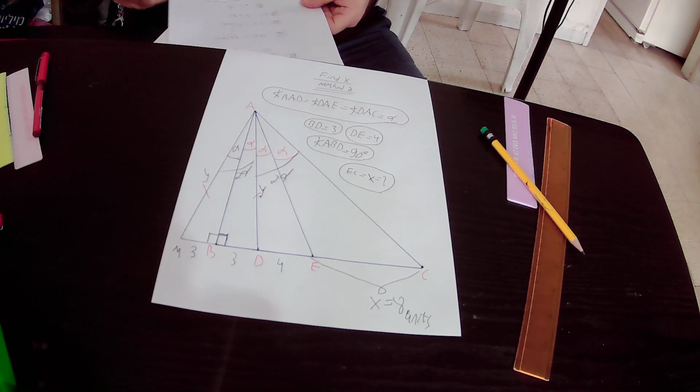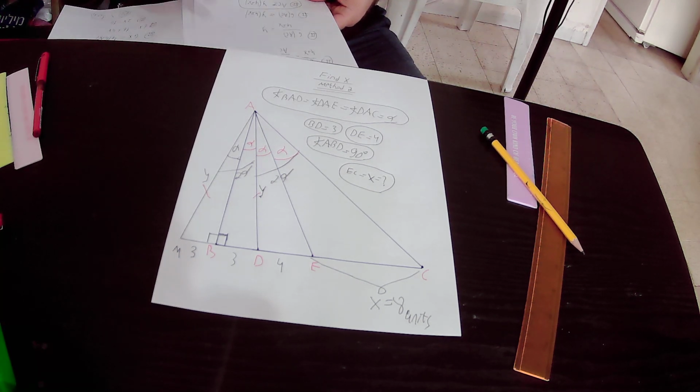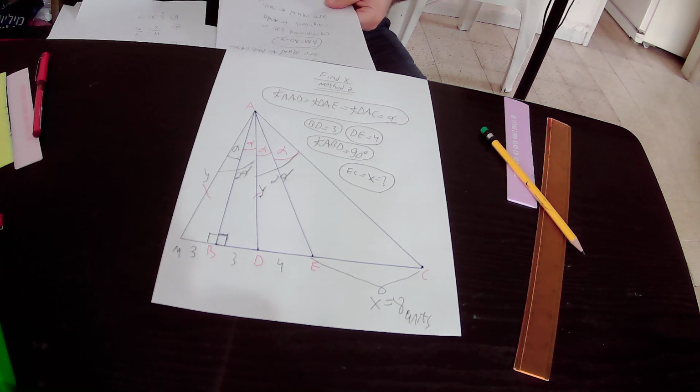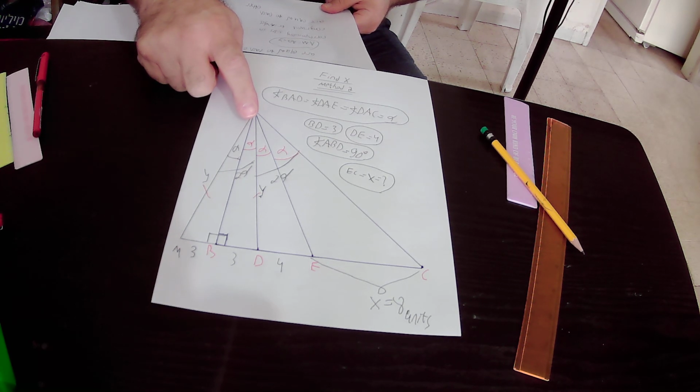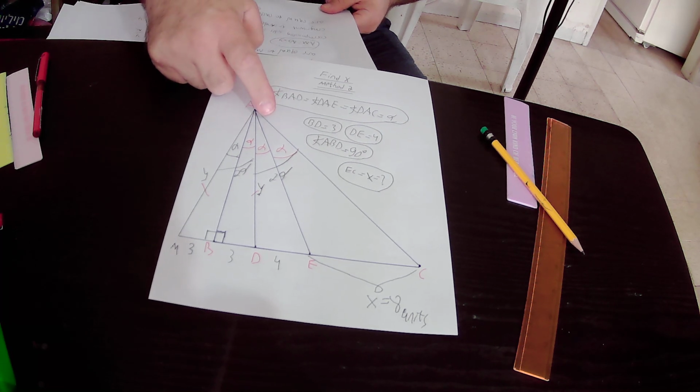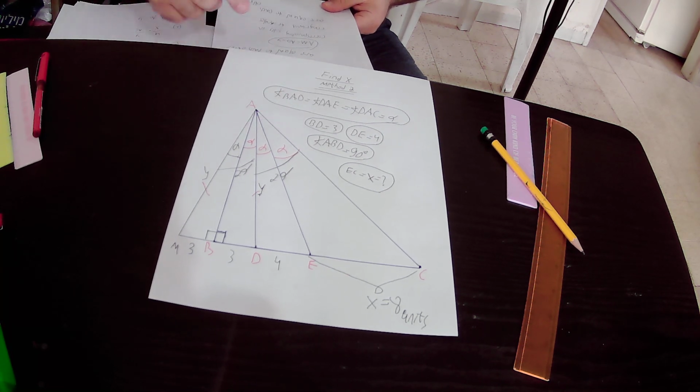Actually we wanted to find the value of x, that is actually EC, and we know that angle BAD equals alpha, angle DAE equals alpha, and angle EAC also equals alpha.